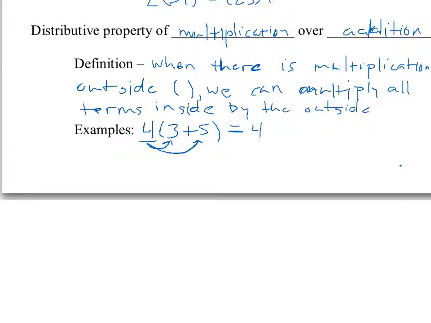Let's go ahead and just write it out as the multiplication. 4 times 3 plus 4 times 5. Now the general example they gave us using just variables was what? A, B, A, C like this? Oh, plus. Okay, got it.